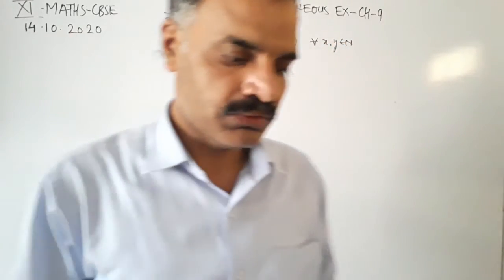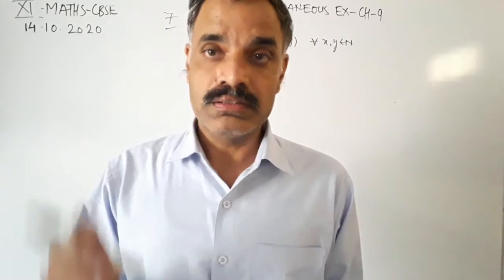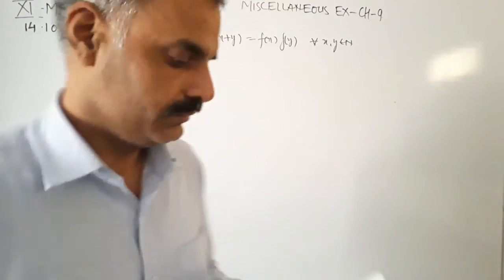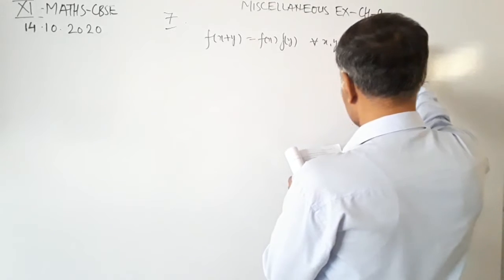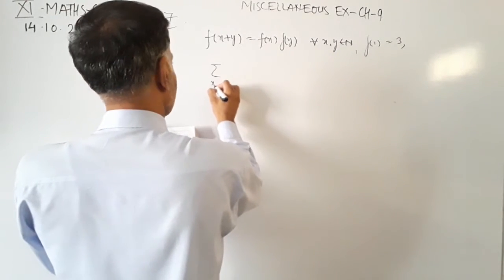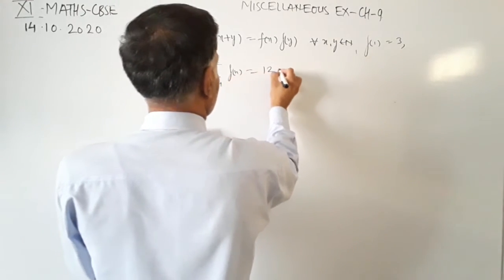This is given to us. f(x plus y) is equal to f(x) multiplying f(y), such that f(1) equals 3, and it is also given that the summation, x varying from 1 to n, of f(x) is equal to 120.